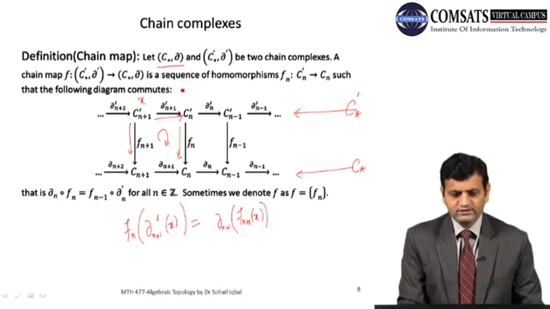The condition that the diagram commutes is that by taking any route from Cn plus 1 prime to Cn, my answer should be the same.